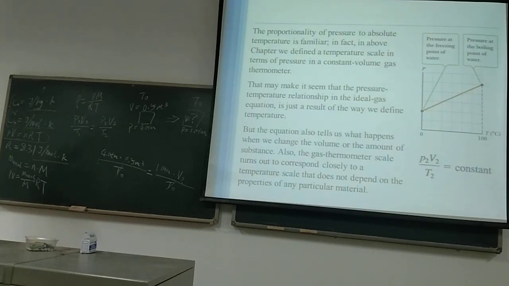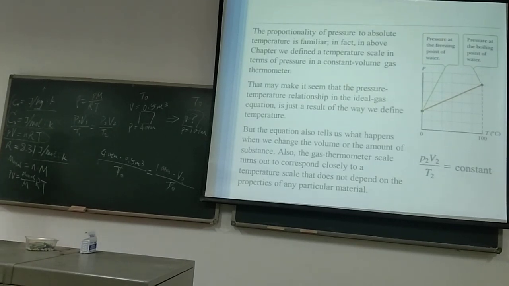The proportionality of pressure to absolute temperature is variable. In fact, in the above chapter, we defined the temperature scale in terms of pressure in a constant volume gas thermometer. That may make it seem that the pressure-temperature relationship in the ideal gas equation is just a result of the way we define temperature.